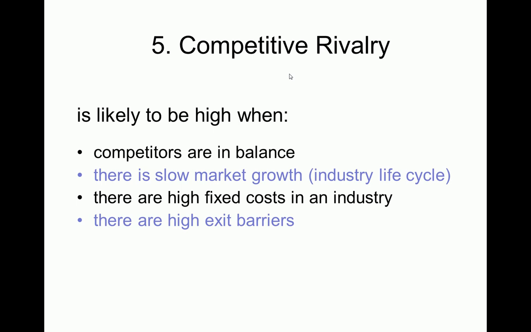Think particularly about the negotiations that are going on around the closure of steel plants in Wales and elsewhere, where there is a high barrier to exiting that industry. So the firm might try to stay in and compete more strongly in order to stay in the industry.